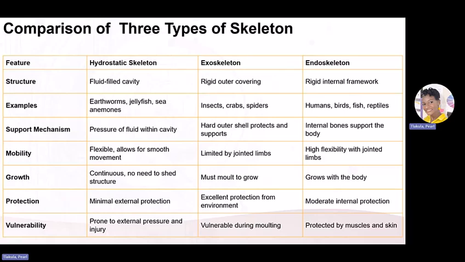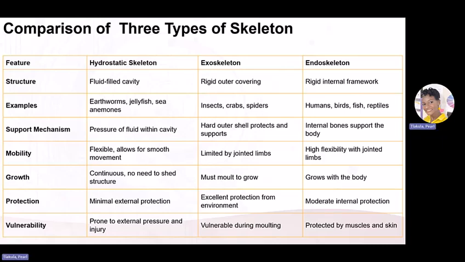An example of each: for the hydrostatic skeleton, an earthworm or a jellyfish. The exoskeleton is that of an insect, a crab or a spider. The endoskeleton is that of humans, birds, fish, and reptiles. The supportive mechanism of the 3 types of skeletons: the hydrostatic skeleton uses the pressure of fluid within the cavity.